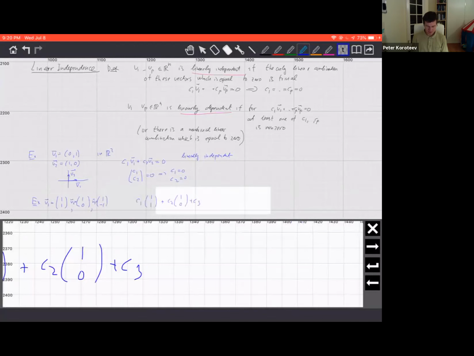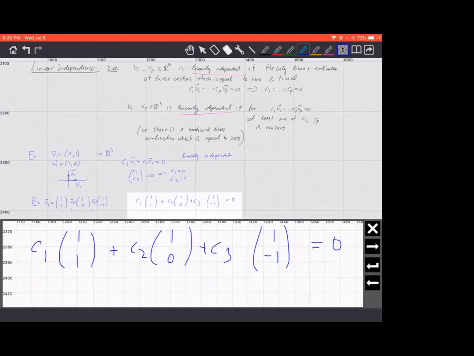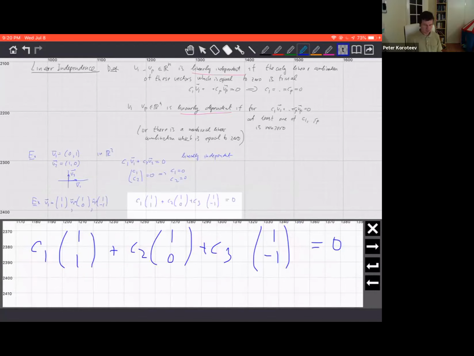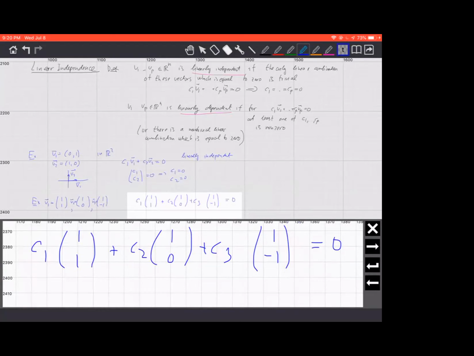So let's do that. Now put it to 0. Is it possible or not possible to find non-zero C1, C2, and C3, at least one of them non-zero, such that this is true? When C1, C2, C3 all equal 0, it's going to be true.